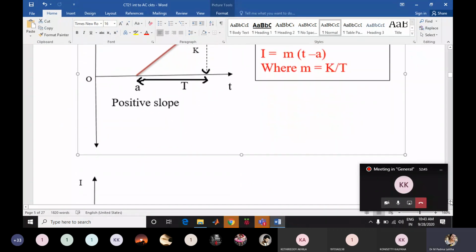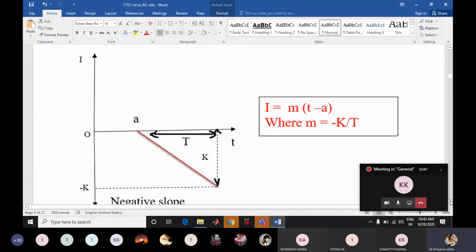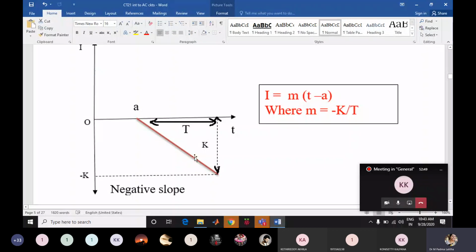Now the same with negative slope. This is a line having some inclination and it is not passing through the origin. Whenever the line is not passing through the origin, we have to identify the intersection point. It is the same: i is equal to m into t minus a.